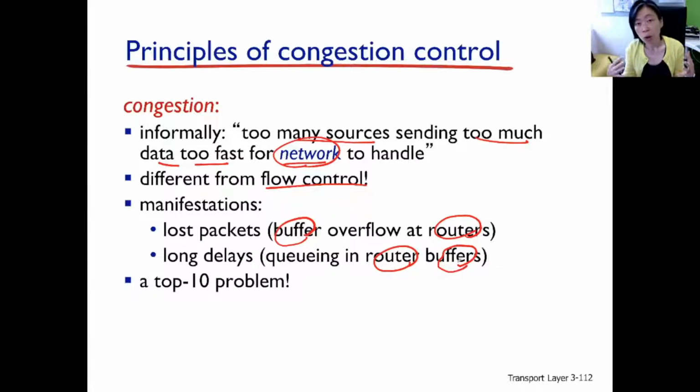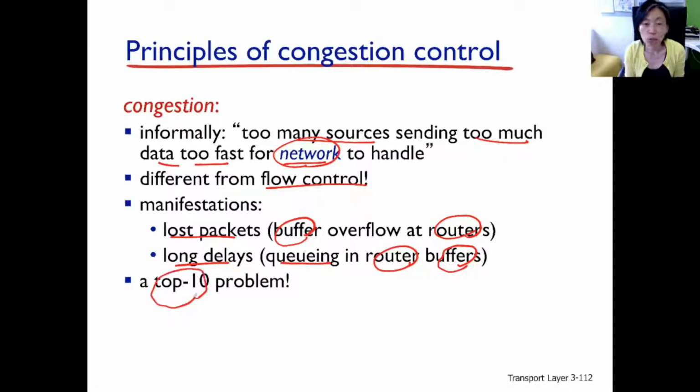Now when we are all sending data into the core of the internet, this buffer space can quickly be exhausted. If not, these packets will have to wait a long time until they get served. So what's bad about having congestion is this: we see packet loss when the buffer overflows, or long delays when there are lots of packets waiting to be served.